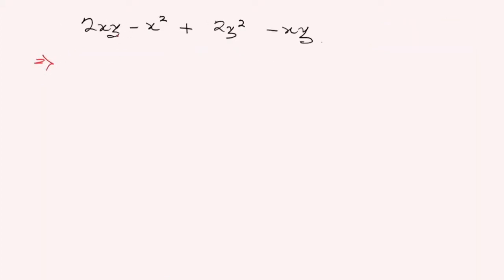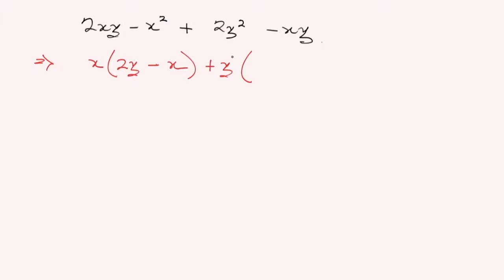So to solve this, 2xy minus x squared has x as a common factor. So 2xy divided by x is equal to 2y, and minus x squared divided by x is equal to minus x. 2y squared minus xy has y as a common factor.